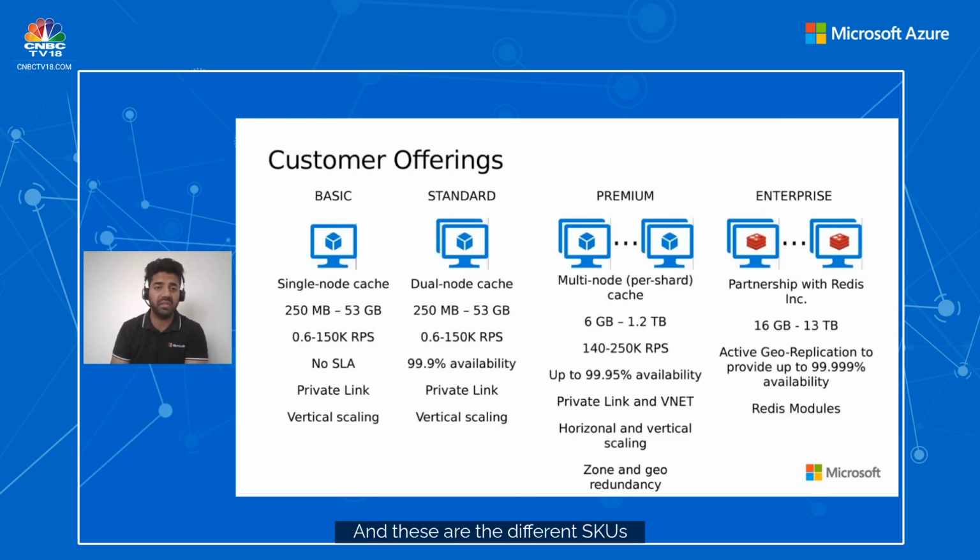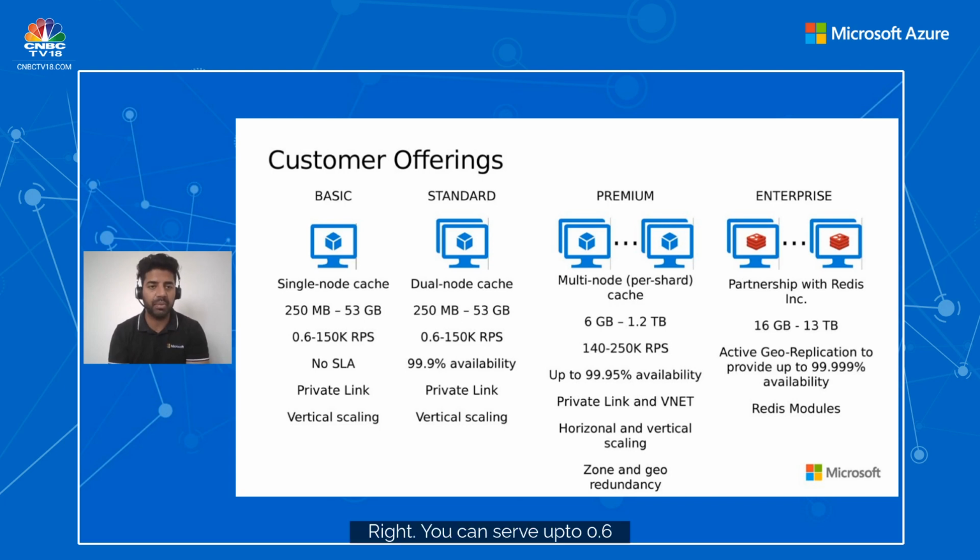And these are the different SKUs available on Azure. When I say SKUs, these are the different audiences they have been targeted to. You might be a developer and want to test it out. In that case, you might use the basic SKU. It's a single node virtual machine in the backend that is hosting your Redis cache, only for testing purposes. The cache memory ranges from 250 MB all the way to 53 GB.